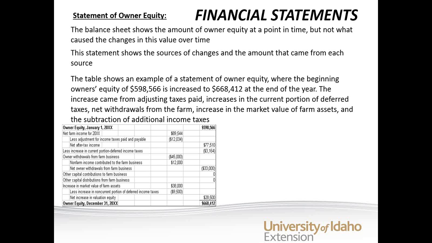And then we adjust by net farm income, which is added to the owner equity. We adjust for owner withdrawals for family living, and non-farm income that's contributed to the business. We also adjust for, in this case, they're including the change in market value of assets.